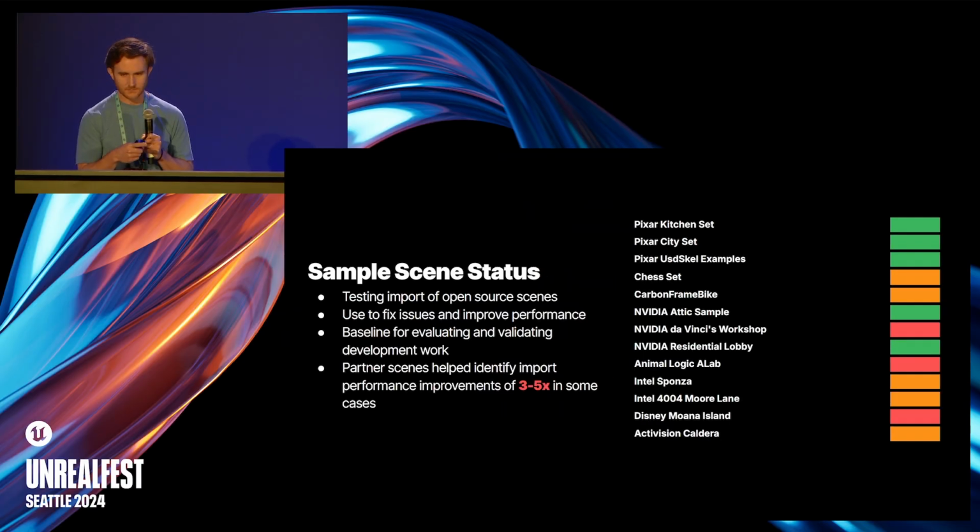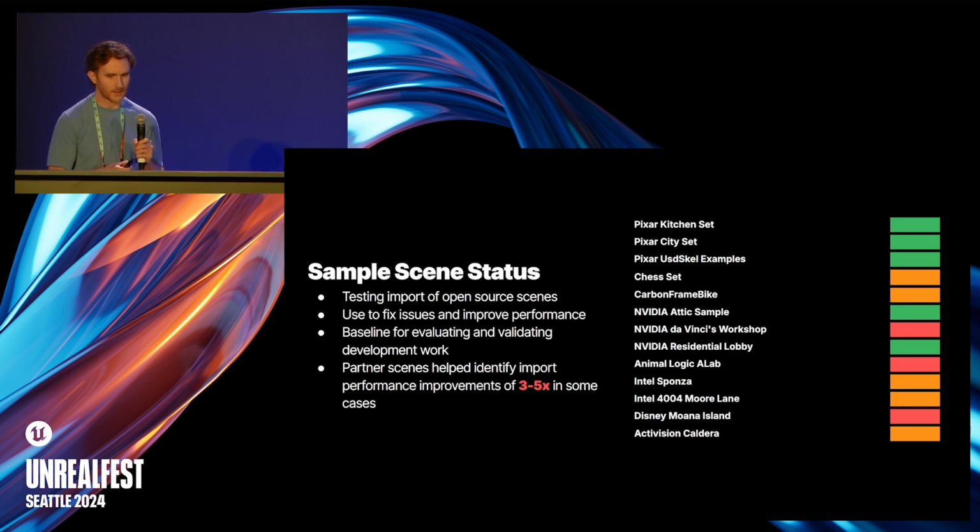The oranges here would indicate that the assets generally imported successfully, but maybe had some minor visual artifacts or other issues, so it doesn't directly match the reference. And then red indicates more serious problems like assets failing to import, or in some cases even crashes. So obviously prioritizing addressing those.